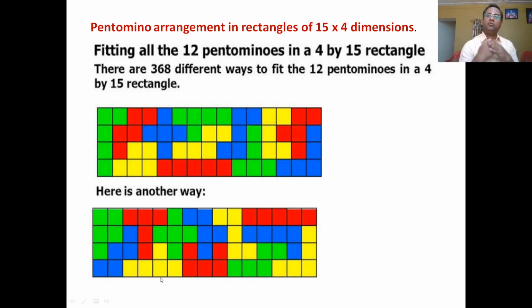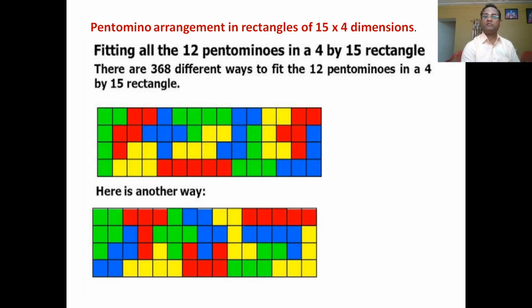So there are more than 1,000 ways, children, you can arrange them to make a rectangle. In fact, for this 15 into 4 grid, there are 368 different ways where you can arrange these pentominos to make a 4 into 15 grid. Okay.